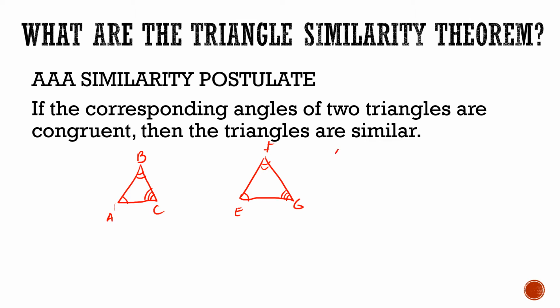So we can write: angle A is congruent to angle E, angle B is congruent to angle F, and angle C is congruent to angle G. Since the corresponding angles of the given two triangles are congruent, then, by the use of the AAA similarity postulate, we can conclude that the triangles are similar.